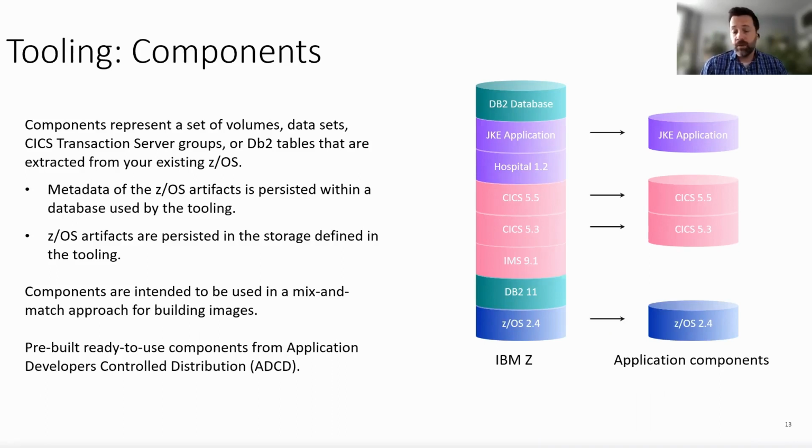And the intention for all of these tooling is to provide a simplified way of being able to extract your on-premise environment and be able to put it together as an image and then have that image run on any of those offerings. So the image that we produce is, for the most part, portable between all of the offerings.